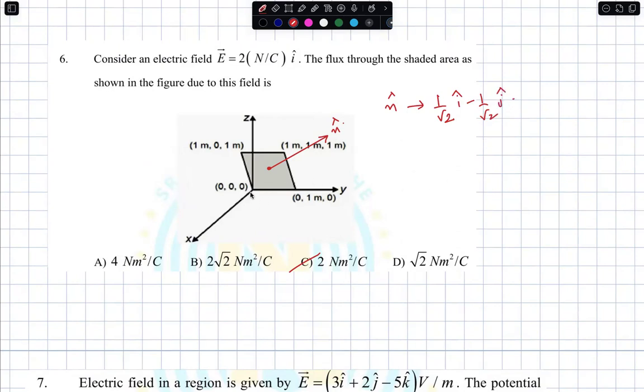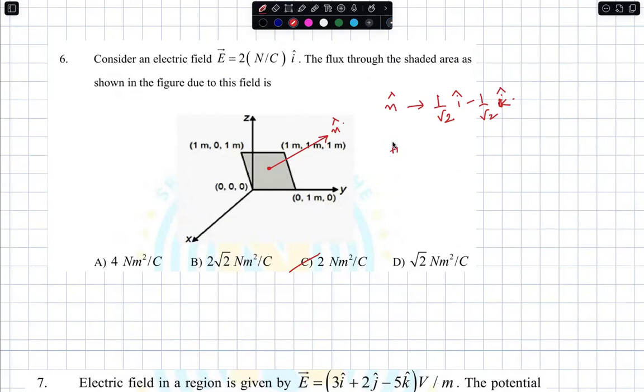Why? Because you see 0, 1, 1 comma 1, 1 comma 1 comma 1. That is how it is. So therefore, no, it's not k cap actually. A unit vector onto this is like this.